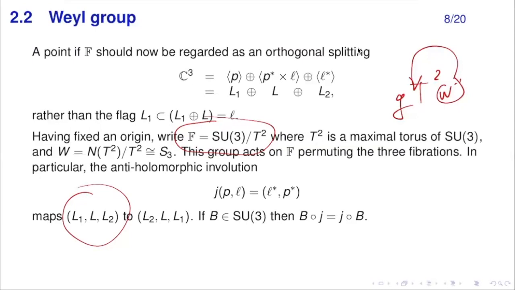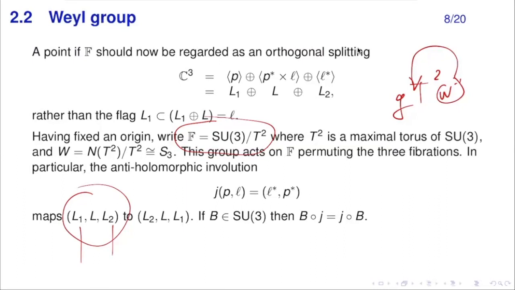And so in particular, one element of our group will permute the fibration pi1 and pi2. It will permute these 2 lines, and that will be an anti-holomorphic involution with respect to our original complex structure.